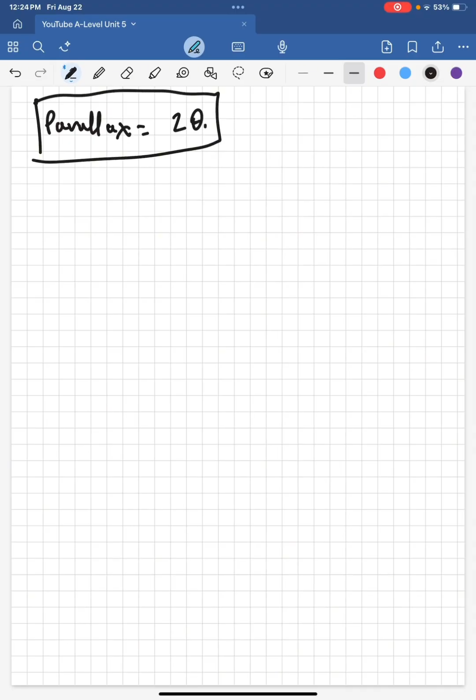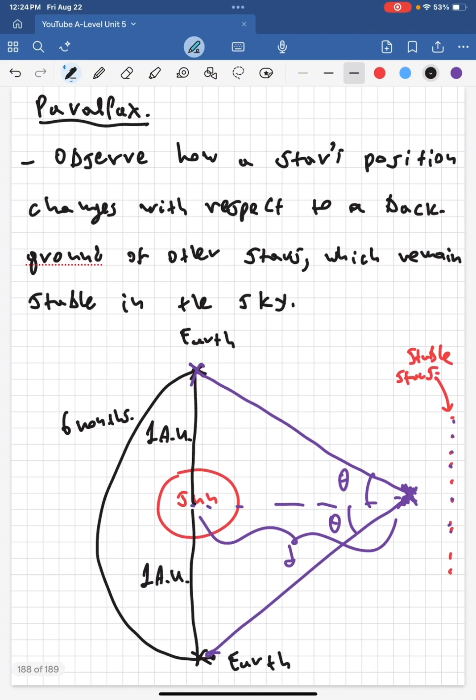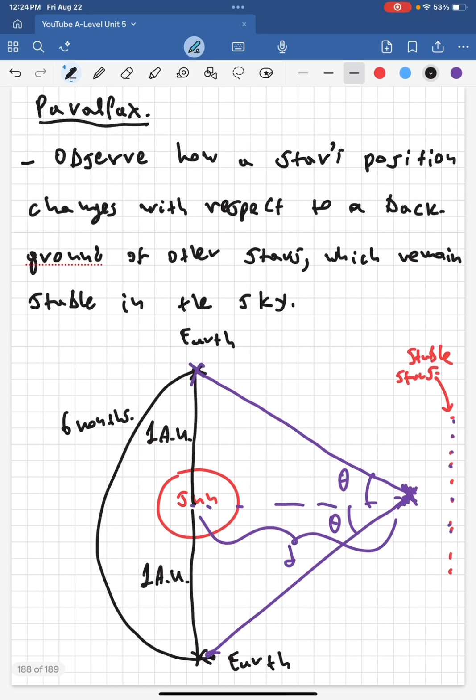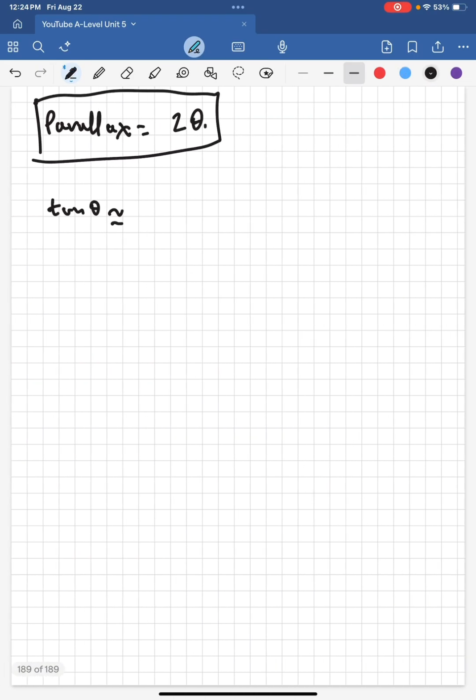This is a definition. So if we know that theta, all you have to do is to use trigonometry to find the distance to the star, because tangent of theta, if we use this triangle over here, and this is theta, then the tangent of theta is 1 astronomical unit over the distance we are interested in.